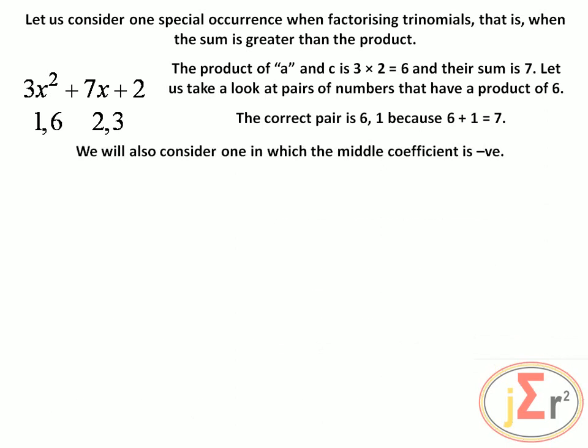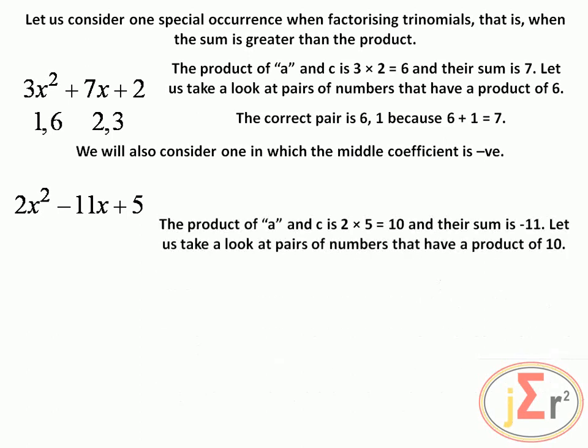We also consider one in which the middle coefficient is negative. And do not forget that if the middle coefficient is negative and the product is positive, the two numbers have the same sign, and the sign that the two numbers will have is the same sign as the middle coefficient, which is negative. So those two numbers will be negative.